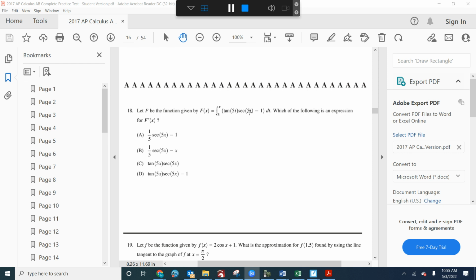I want to see if you understand this. Does the -1 go away if you're asked for the derivative of this goop? It's been a while. It needed to be done. So you're saying tangent 5x, secant 5x minus 1 is your answer. I agree.